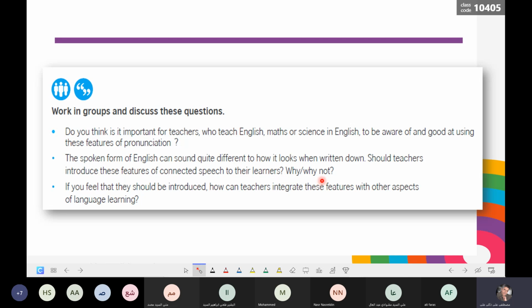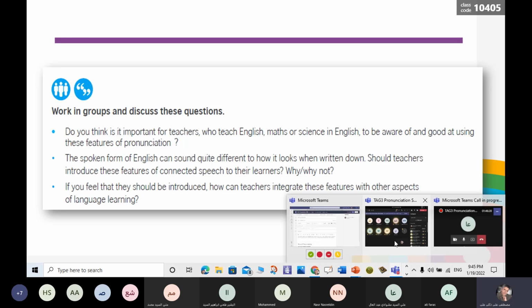Why? Why not? And the last question is, if you feel that they should be introduced, how can teachers integrate these features with other aspects of language learning? So I want you to think about the first question first.